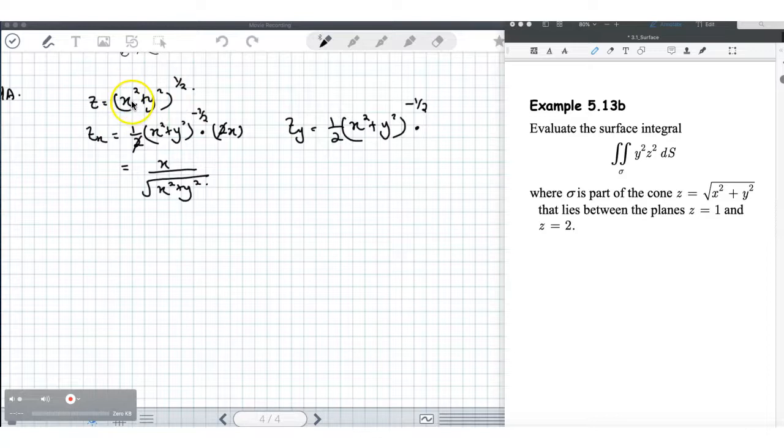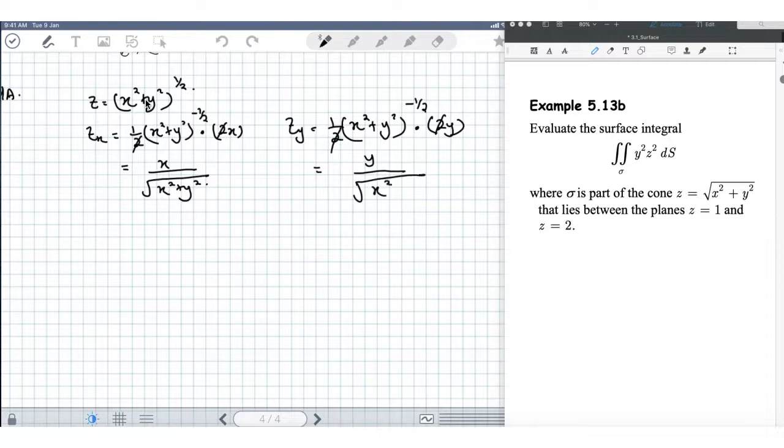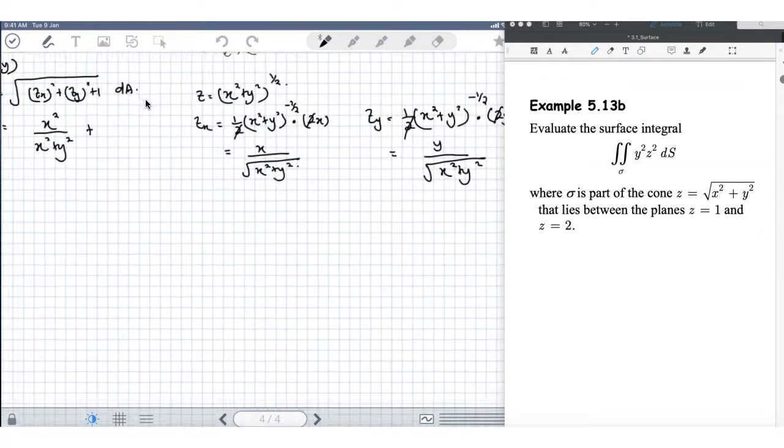So you get 0 plus 2y. 2 cancels out, so you will have y over the square root of x squared plus y squared. And when you square that term, it gives you y squared over x squared plus y squared, plus 1, dA. So dA should be outside the square root, alright?